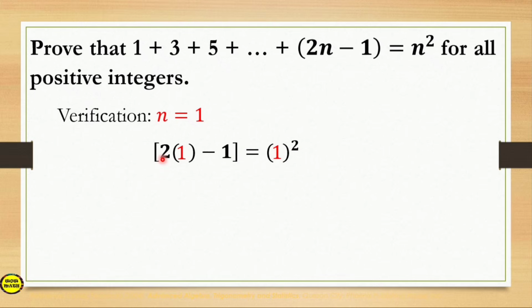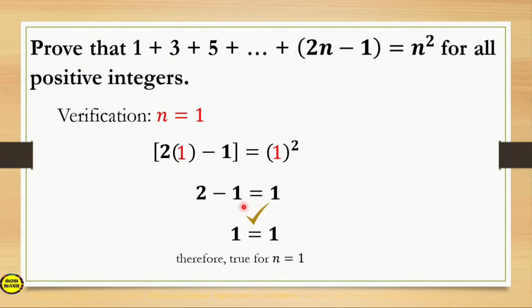And then, simplify. So, 2 times 1, that is 2, minus 1. And then, 1 times 1, that is 1. And 2 minus 1 is 1. And 1 is equal to 1. So, therefore, the formula is true for n is equal to 1. Since true siya, proceed tayo sa next step.